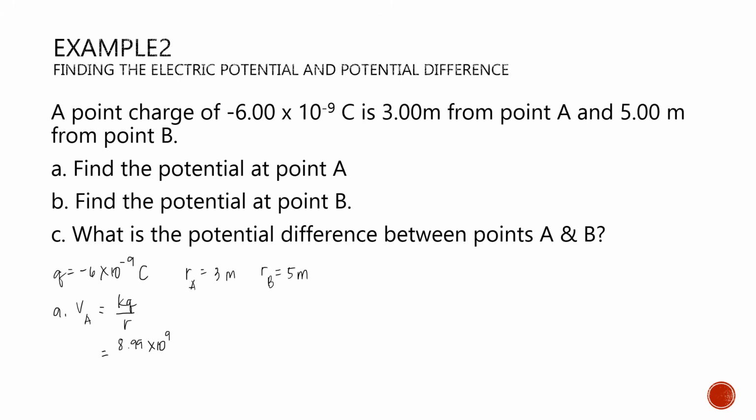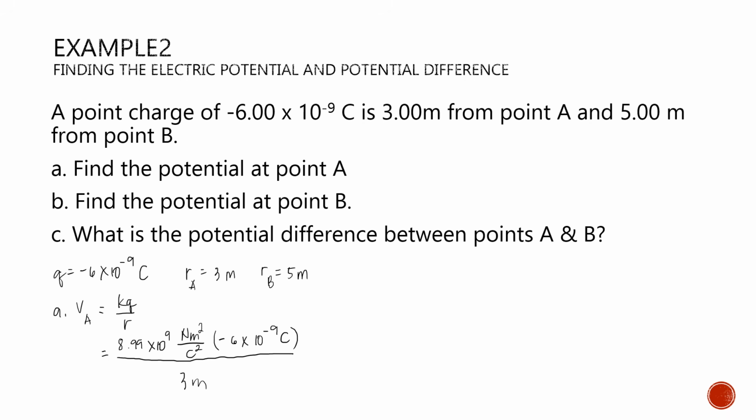Or since you'll be using a calculator, just use 8.99 times 10 to the power of 9 instead. So it's newton meters squared per coulomb squared, and then Q, you have to include its sign, negative 6 times 10 to the power of negative 9, and R would be 3 meters.